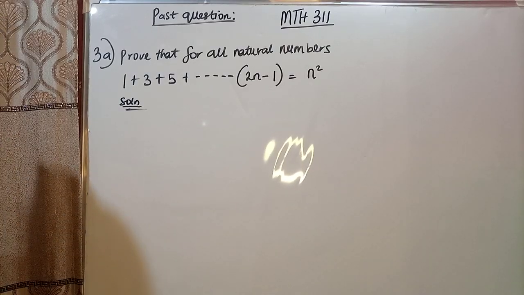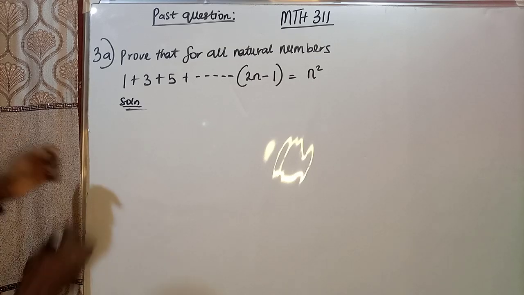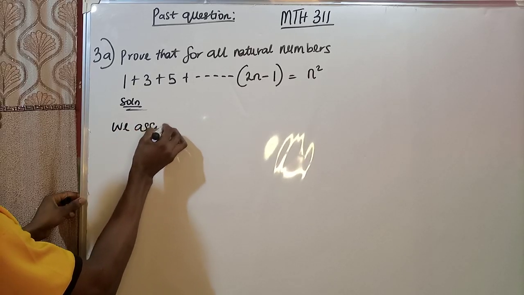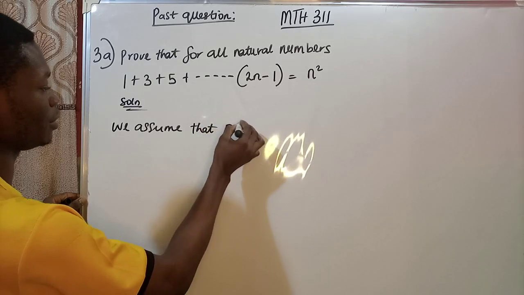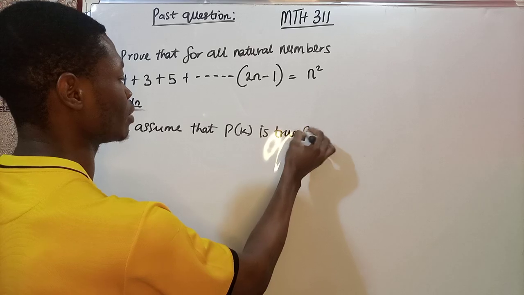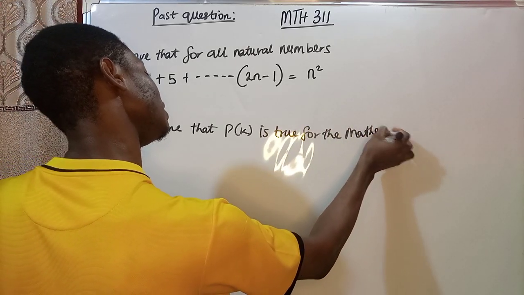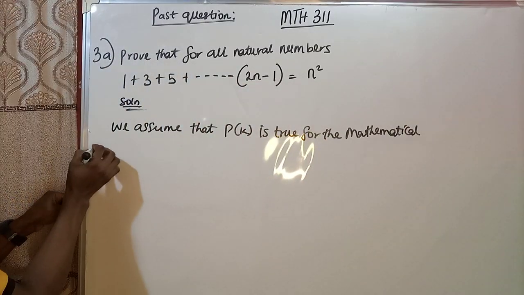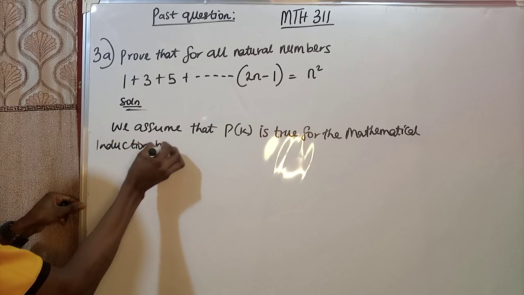What we are going to do now is we are going to assume that, let me write it, we assume that P of K is true for the mathematical induction hypothesis.